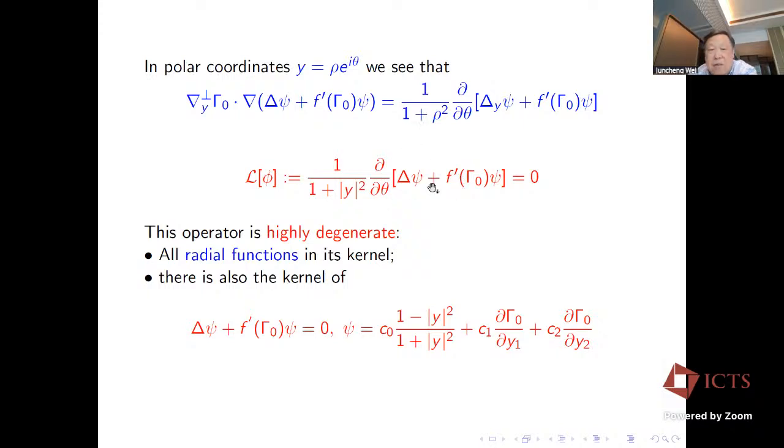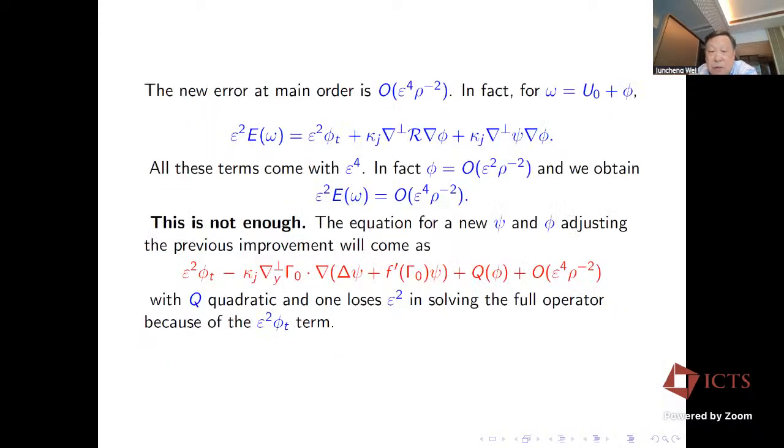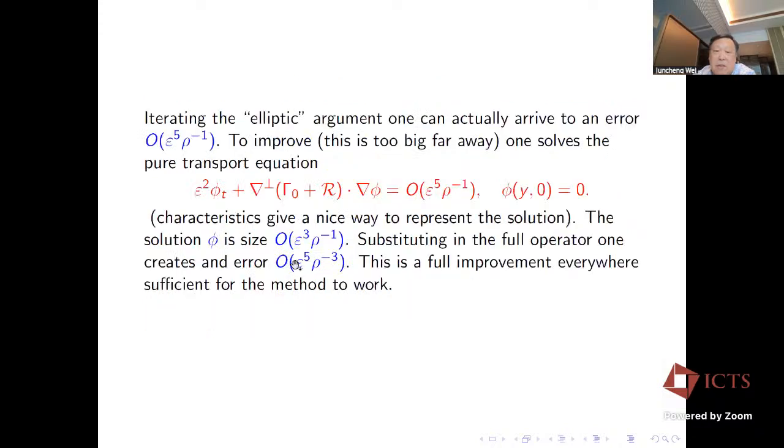Okay, so all radial functions are in the kernel. Okay? And to solve the radial function, we have to use this phi t. We have to use phi t and use the transport equation. So this is the transport equation we need to solve.